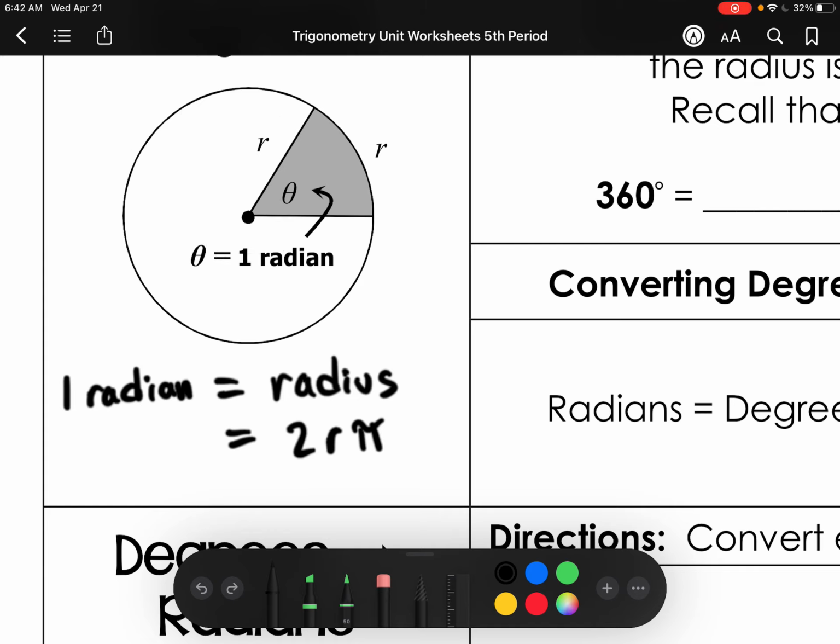So since 1 radian is the same as a radius, and the circumference of a circle is 2 times radius times pi, that means a 360 degree angle would be the same as 2 pi radians, because we know that radius is the same as a radian.